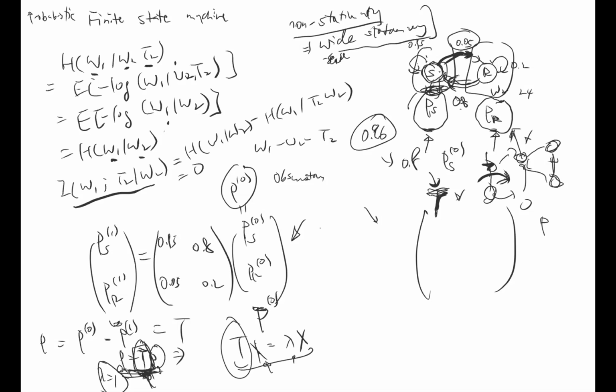The simplest way is to start with some random probability and keep multiplying, because you expect TP to converge to some P. So I iterate: P1 is equal to TP0, and in general P_{k+1} is equal to T P_k. You just keep multiplying, and you get the final P_{k+1}. Super simple. Any question with that?